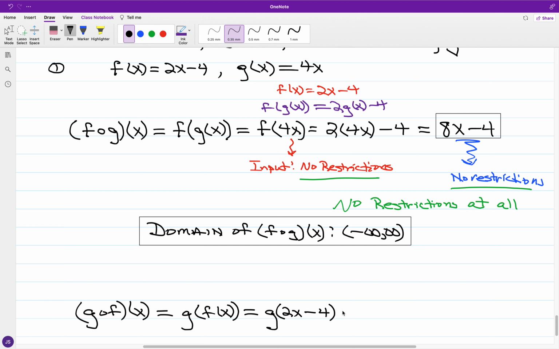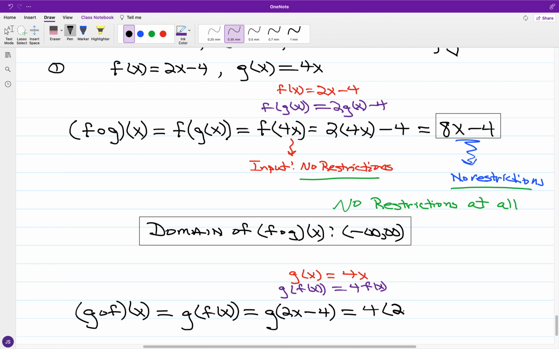Again, we have the outer function g. So g of the input is equal to 4x. Again, g of f of x is going to be 4 times f of x, with the input defined, going from x to f of x to 2x minus 4.